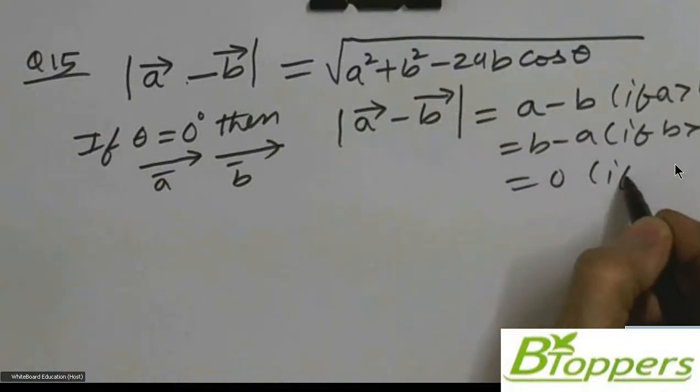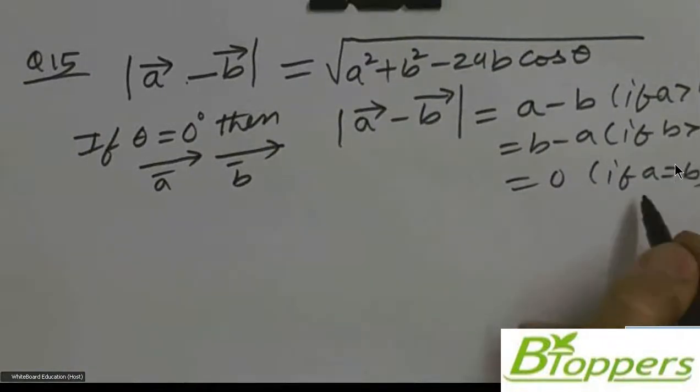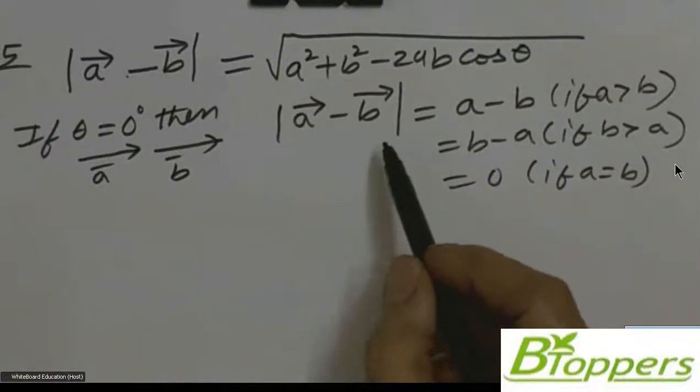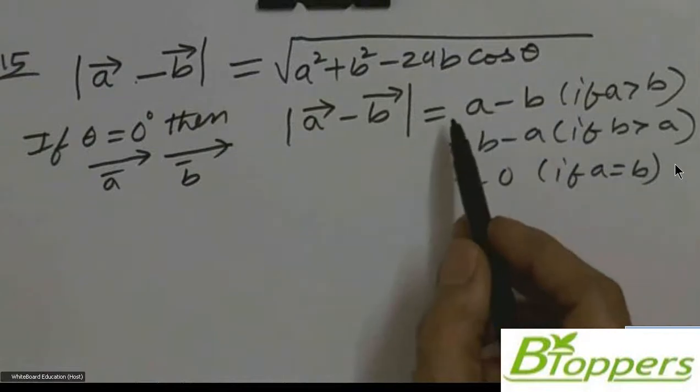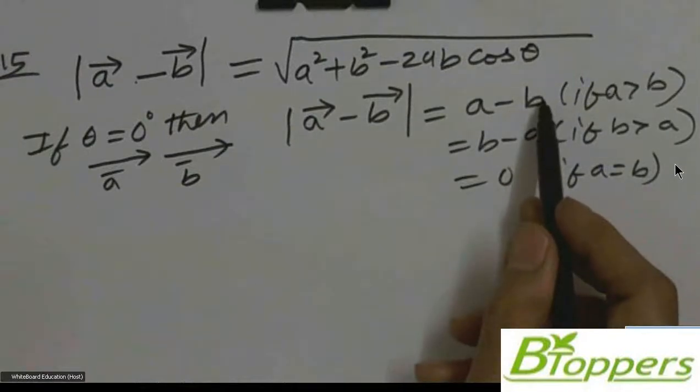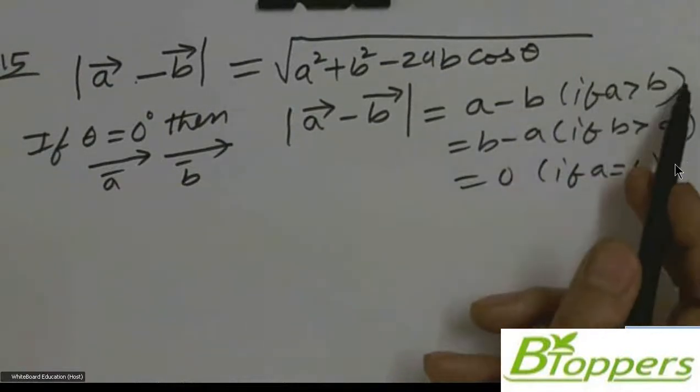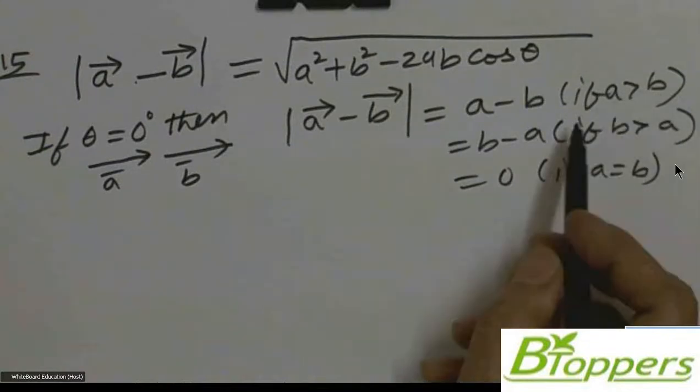It will be 0 if a equal to b. That means magnitude of the vector difference of two vectors will be equal to ordinary difference of their magnitudes, that is mod of a bar minus mod of b bar, if a is greater than b.